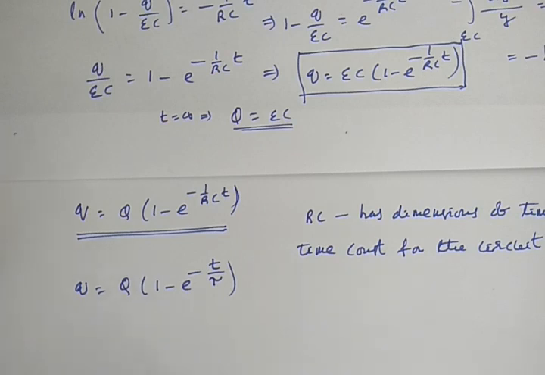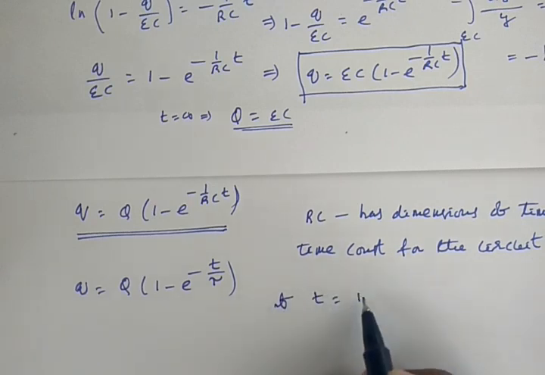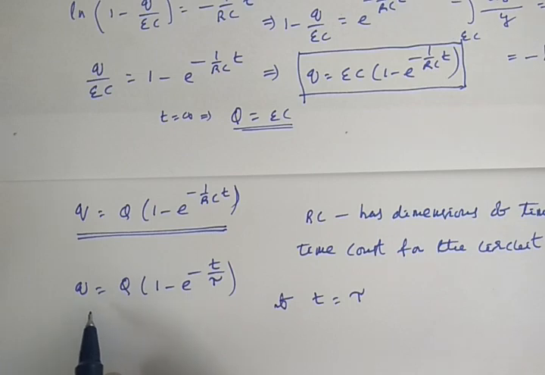So if you wait for one time constant, for example, if time is one time constant, then the charge that appears on the capacitor becomes q equals Q times 1 minus e power minus 1.